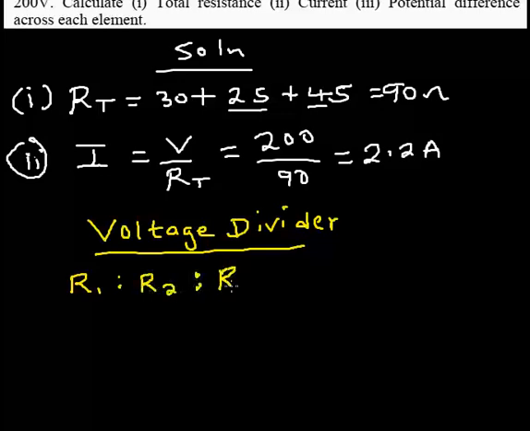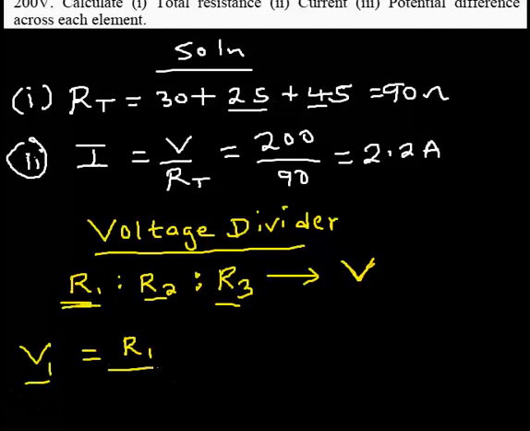So they are going to divide the supply voltage V based on this ratio. In mathematics, you know how we actually divide a value based on ratio. So the voltage across R1, which I call V1, is going to be the resistance R1 divided by the total resistance, then multiplied by the voltage that they are going to be sharing, that is V, the total voltage.